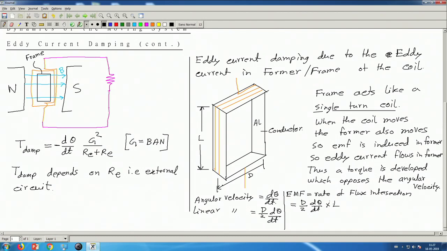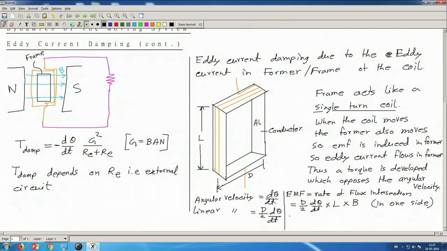So, this is the area swept per unit time by this conductor side multiplied by the flux density, flux per unit area. So, this is the EMF in one conductor or in one side.